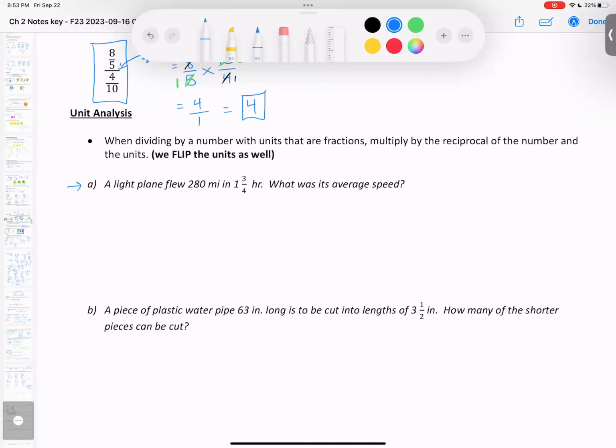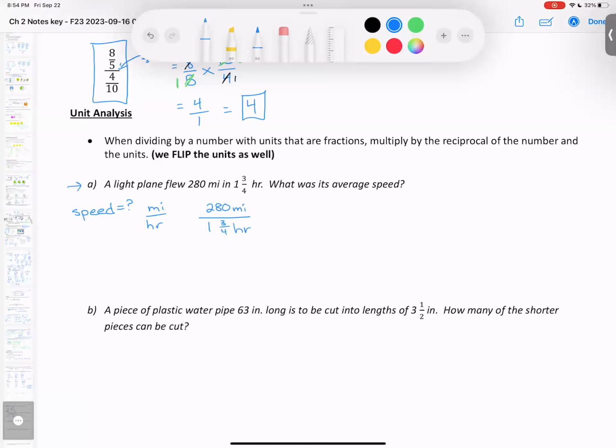It flew 280 miles in 1 3/4 hours, and we want to know its speed. Speed we know would be in miles per hour, so that means we're taking our miles and dividing by our hours. So we're looking for 280 miles divided by 1 3/4 hours.